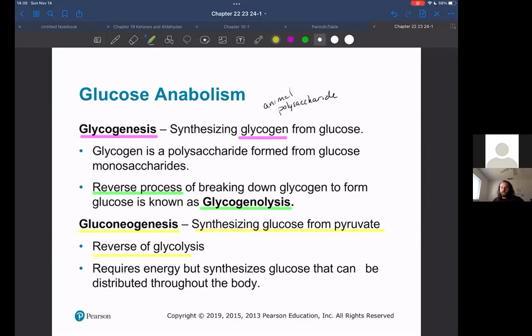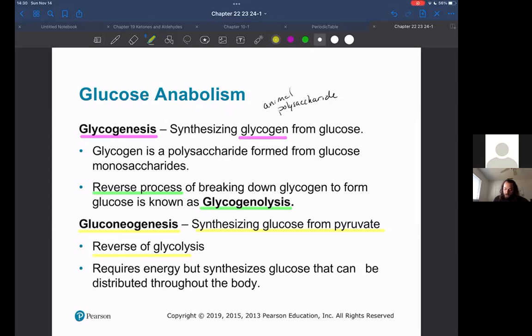Well, there's certain cells in your body that can only use glucose for metabolism. It can't use lipids or anything like that. The brain is kind of an important one. And so in periods of fasting, where your body doesn't have a lot of free glucose floating around, your liver will actually make a bunch of glucose to be released into the bloodstream so that your brain can absorb it. So again, that's gluconeogenesis, and that's the process of creating glucose from pyruvate.